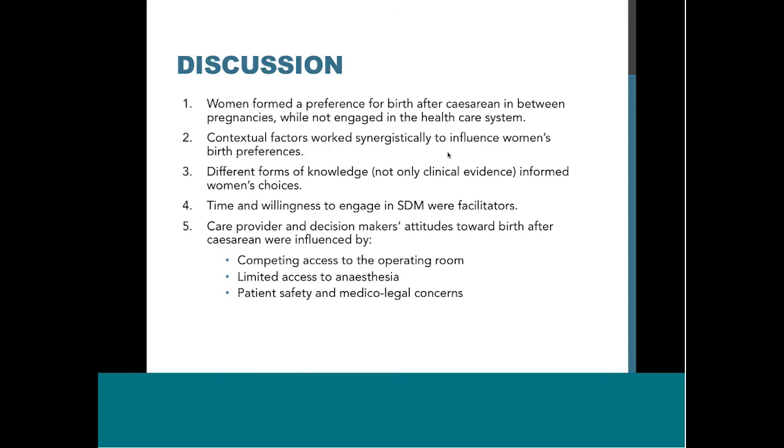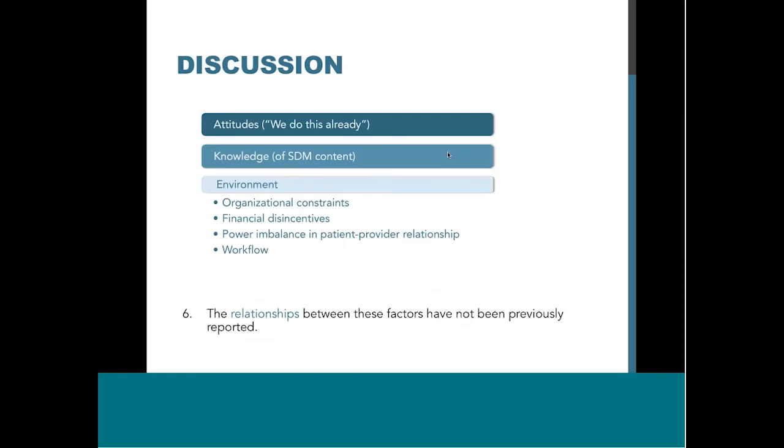We saw the influence of environment on decision-making patterns. And what was an interesting contribution of this particular study is that even though we've seen these represented in previous literature reviews and studies, these factors and the relationships between them and how they influence each other had not been previously reported.